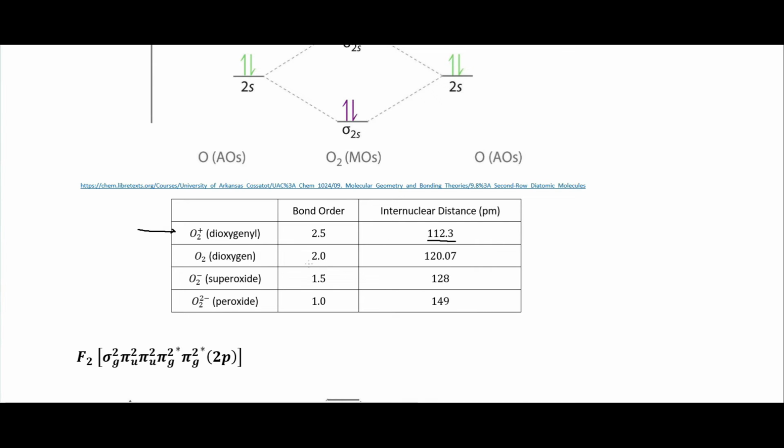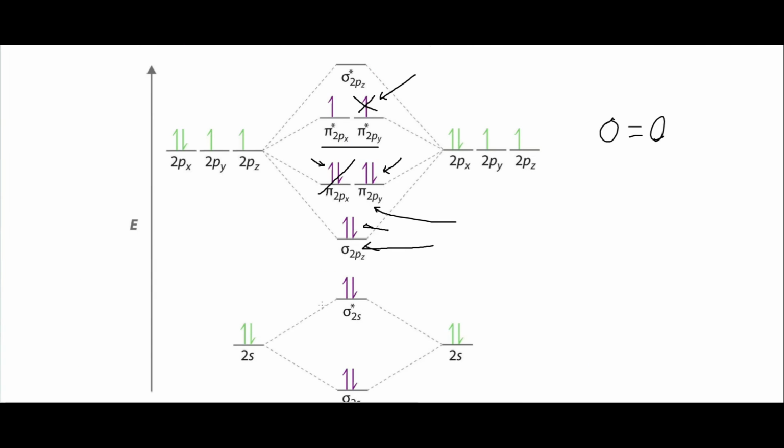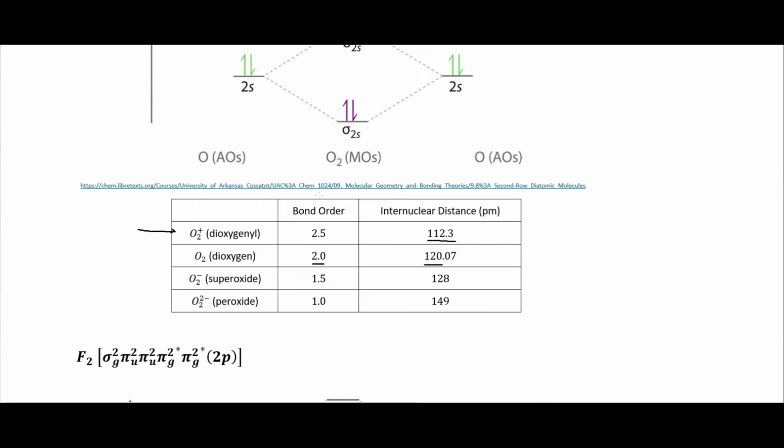So we have the O2, which is just the oxygen, with a bond order of 2, and it's about 120 picometers between the two nuclei. So if we have superoxide, which adds another electron, so we might add another electron right there. And so that brings us down to a bond order of 1.5, and we see that causes the bond to increase in length.